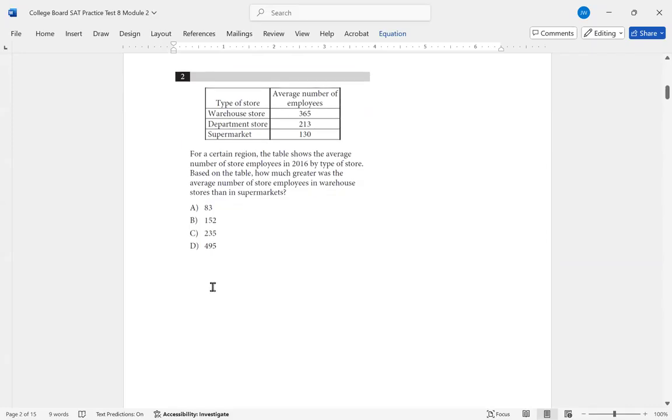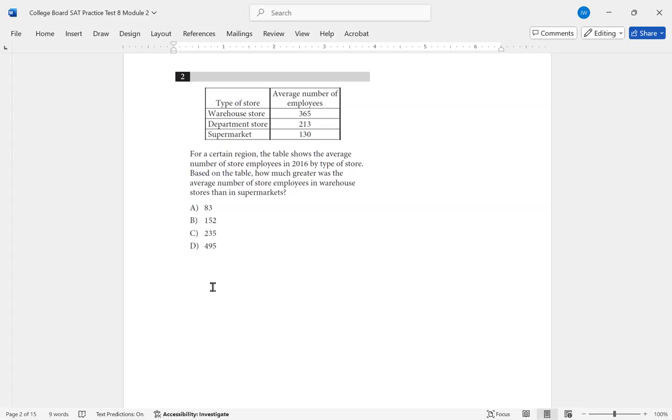Question 2. For a certain region, the table shows the average number of store employees in 2016 by type of store. Based on the table, how much greater was the average number of store employees in warehouse stores than in supermarkets?